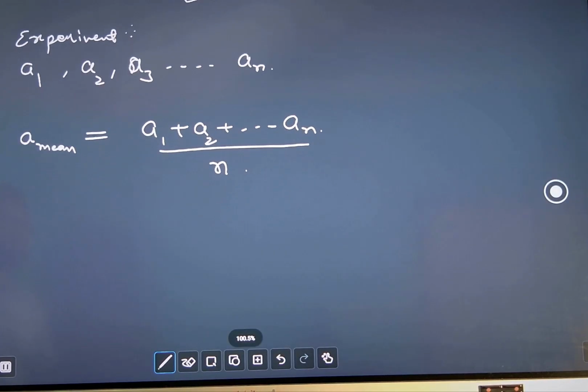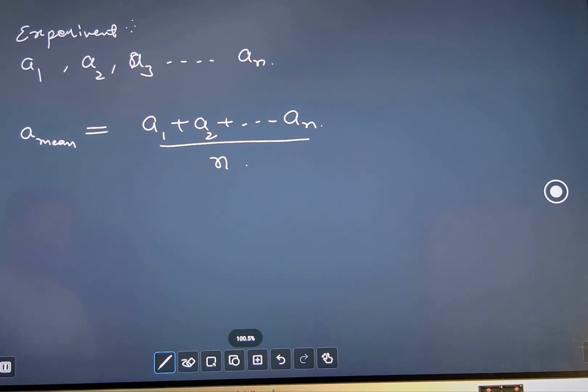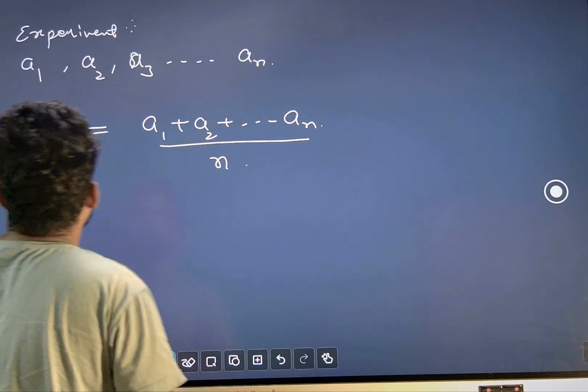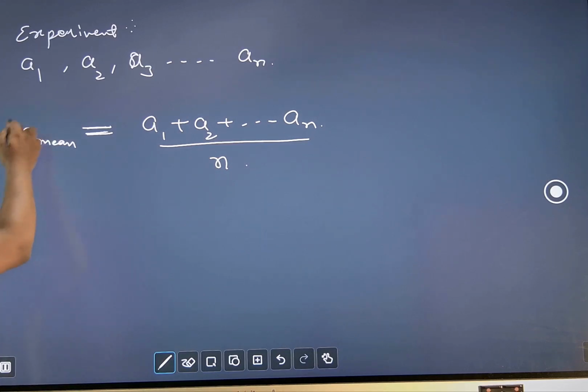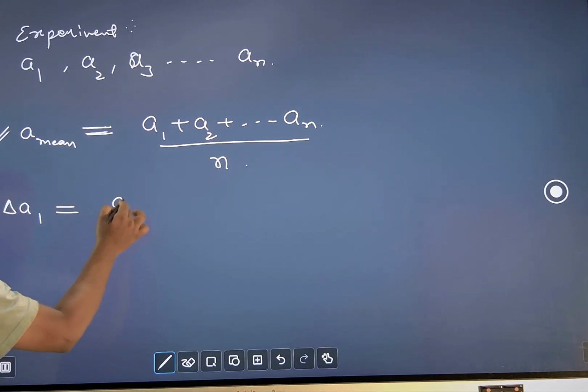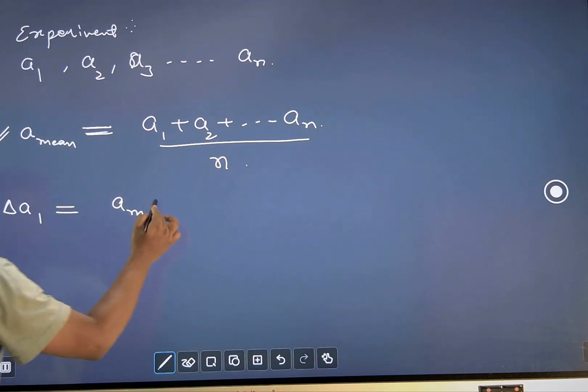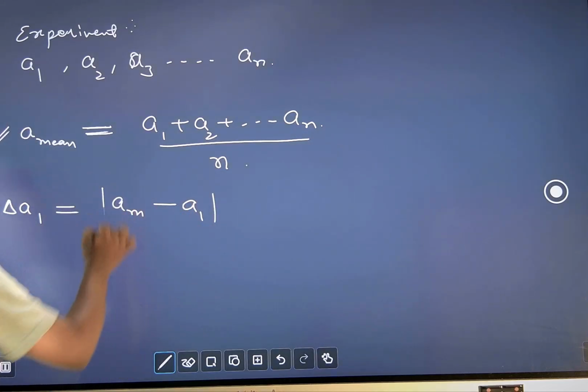On this experiment basis also questions are asked, so this part should be clear. That is our value, A mean. If I talk about the error in the first calculation, delta A1, it would be A mean minus A1, mod value, because it will take the positive values.